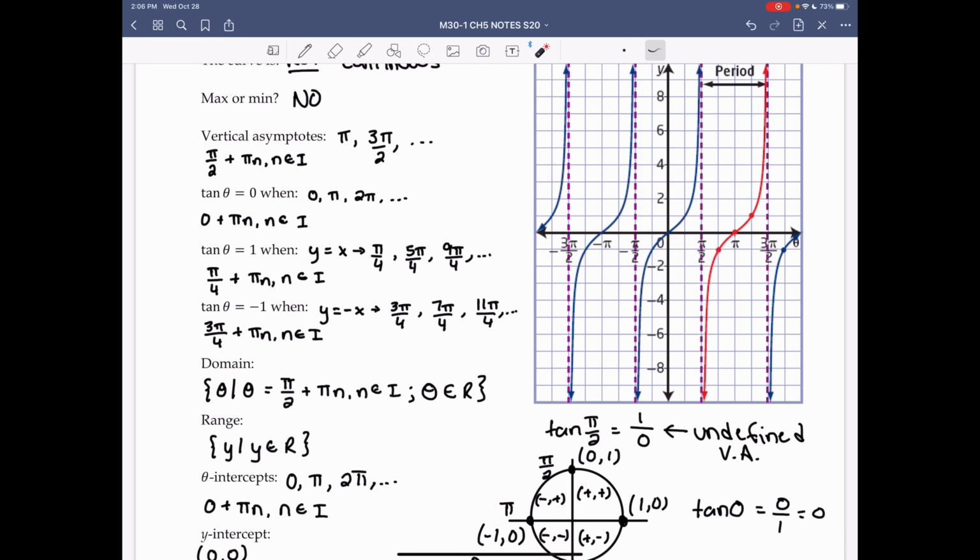We've got our vertical asymptotes at pi over 2, 3 pi over 2, also at negative pi over 2, negative 3 pi over 2, and so on.